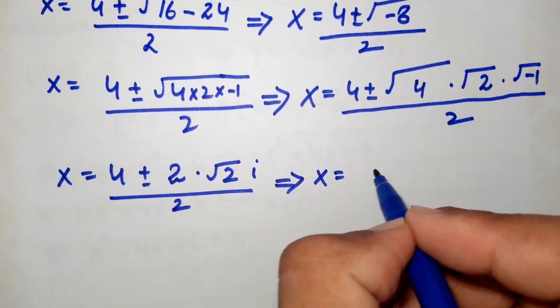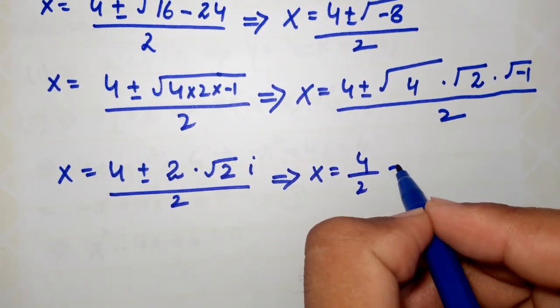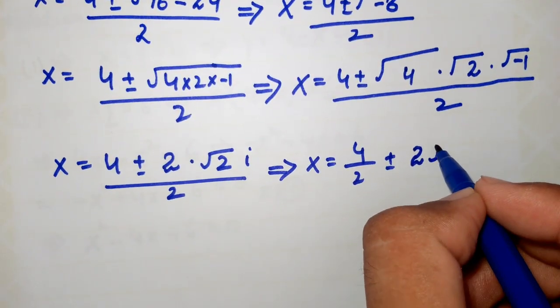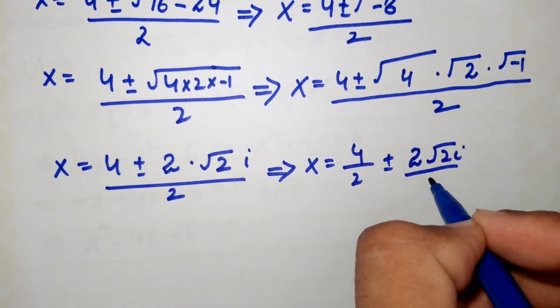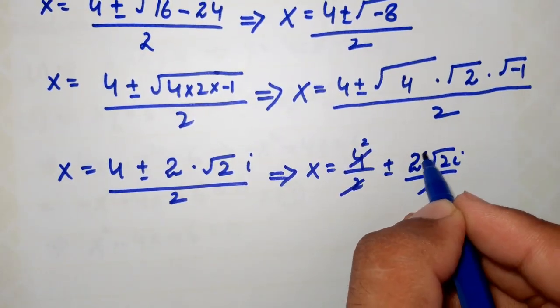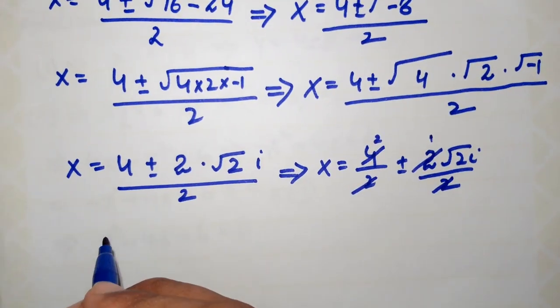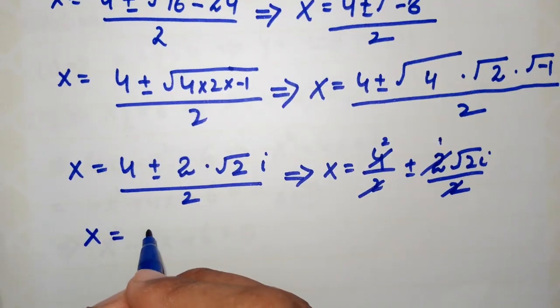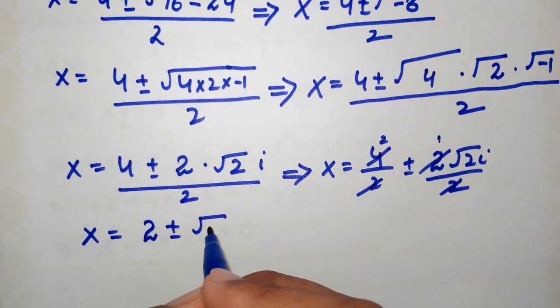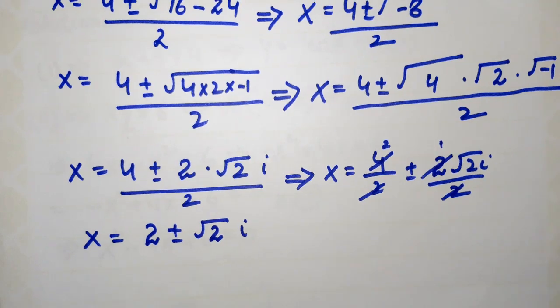X is equal to 4 over 2 plus minus 2 square root of 2i over 2. 2 ones are 2, 2 twos are 4, cancel with 2. So this will become x is equal to 2 plus minus square root of 2i.